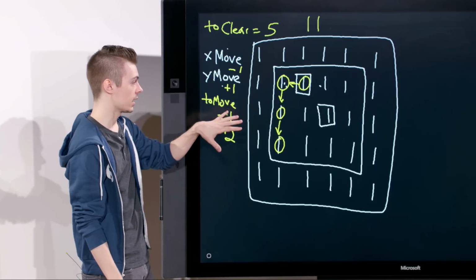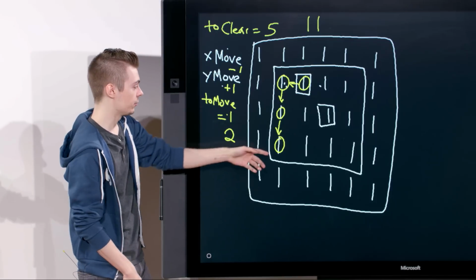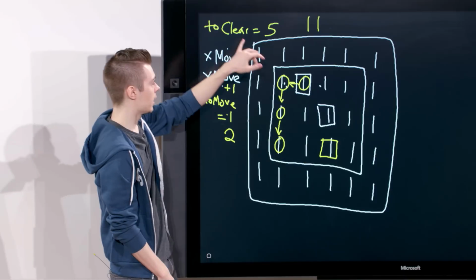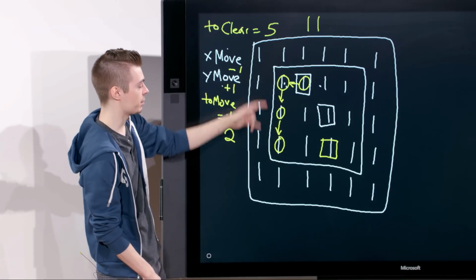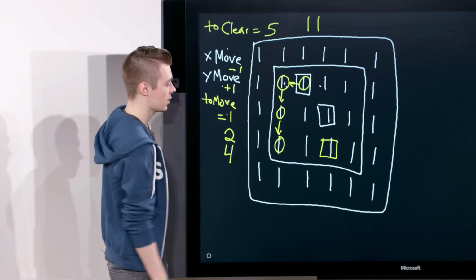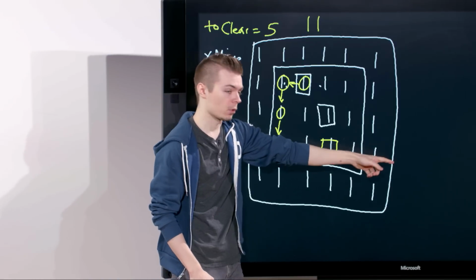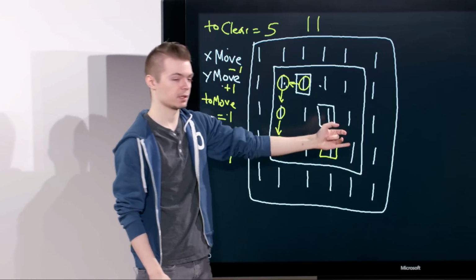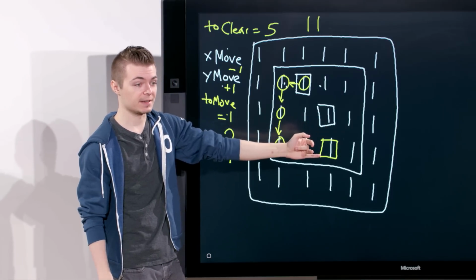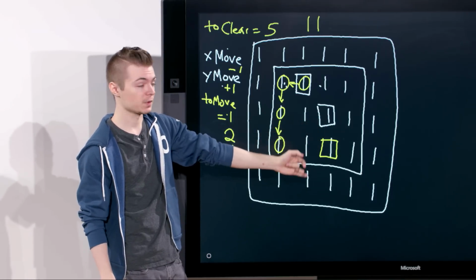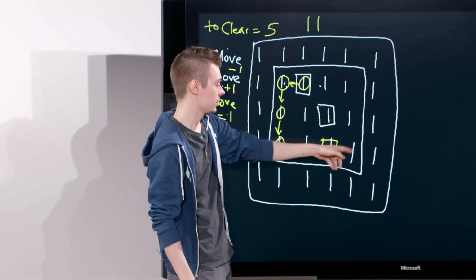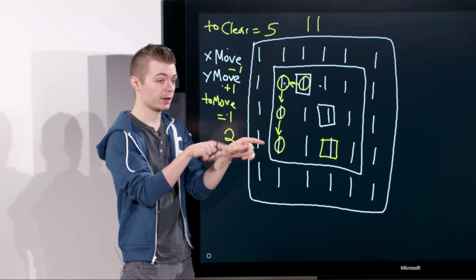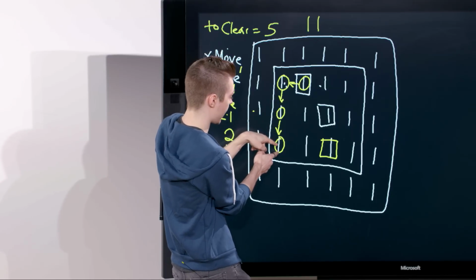Now there's a caveat to this, and that is if we start here, for example, and let's say we flip a coin, it's X move, but it's positive 4. We can't obviously move 4 tiles to the right because 1, it'll go into our walls on the outside, and 2, it's actually beyond the bounds of our array. So we need to clamp that value down. We keep a pointer to whichever tile we're currently at.